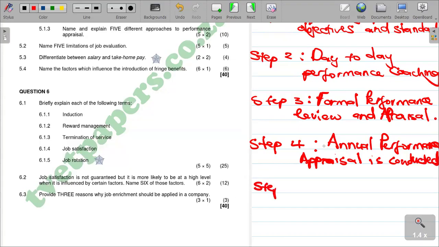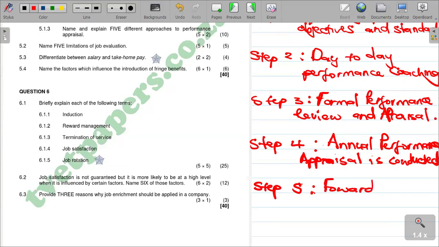Step number 5, that's when the appraisal ratings will be forwarded to the Human Resource Department for record keeping. Right.